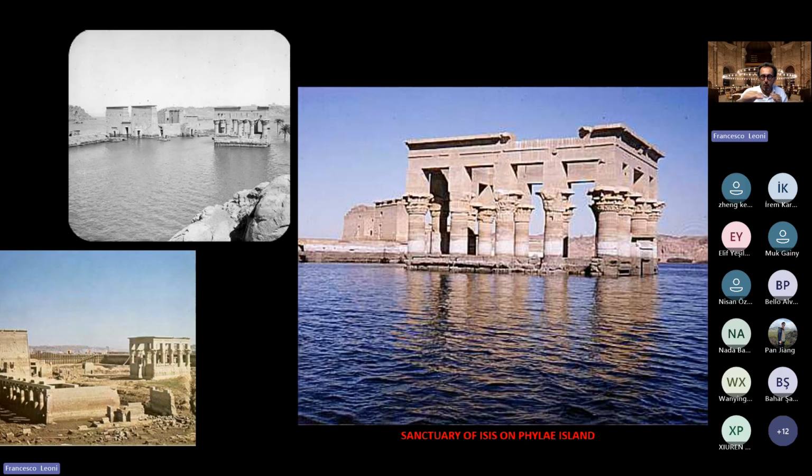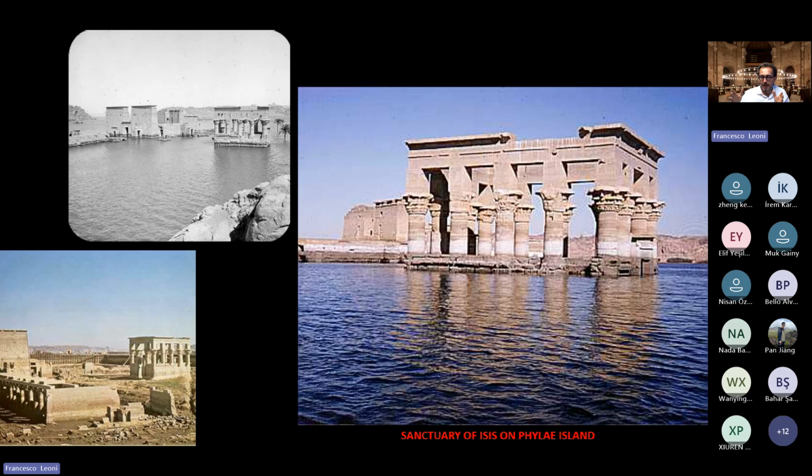And so the complex of the sanctuary insisting on the Philae Island was flooded, as you can admire here in some of the pictures from the first half of the last century. In fact, at the moment, what we can visit when we go to see Philae Island actually is not the original Philae Island, because the original Philae Island is completely submerged by water.